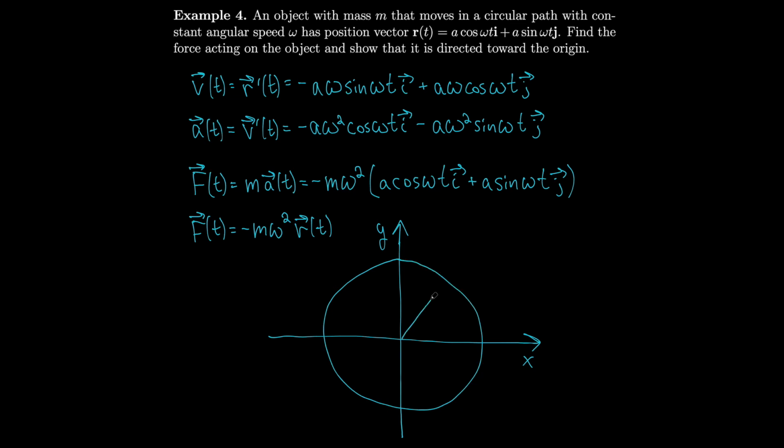Let's say this is just some point P on the path, and let's say that the radius of the circle makes an angle theta. Well, then our constant omega would just be d theta dt, but that's not really that important. What's important is seeing our force.